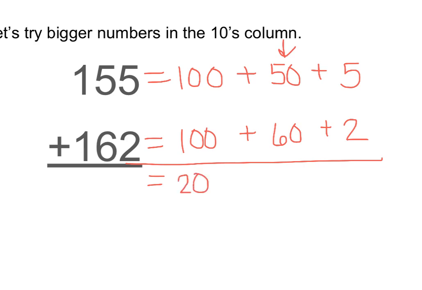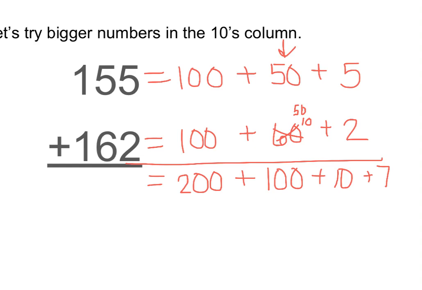So 100 plus 100 equals 200. 50 plus 60. I'm going to break that apart into a 50 and a 10. So 50 plus 50 equals 100, and the 10 left over, and 5 plus 2 is 7.